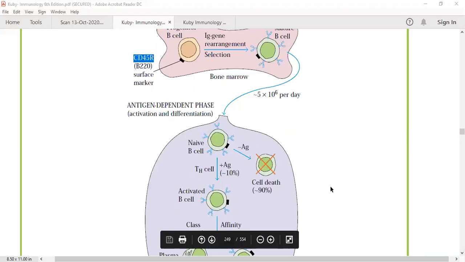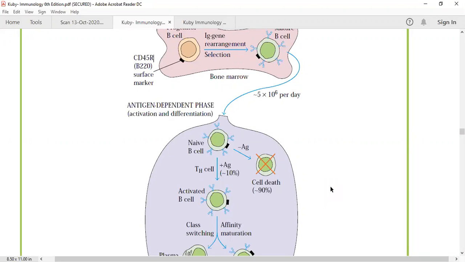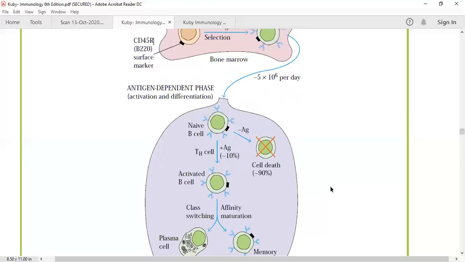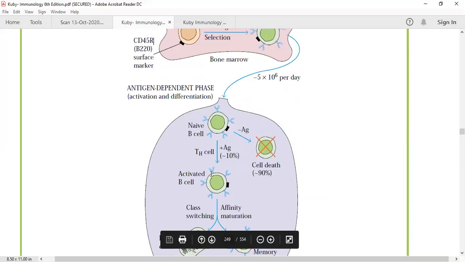Affinity maturation means if it has near about affinity so that it can recognize some new antigen or epitope, there are some gene rearrangements which will lead to antibody production with higher affinity, so that the antibody molecules expressed over the B cell surfaces are of even higher affinity.